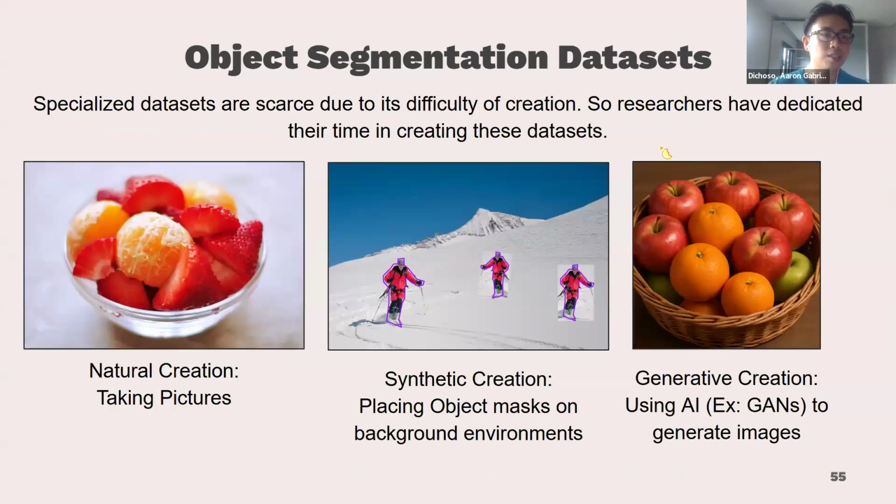And next, let's move on to the datasets. Specialized datasets for segmentation are usually very scarce. So if you want to focus on a specific field like imaging or crops or maybe camouflaged objects, it's usually scarce and very few to find.